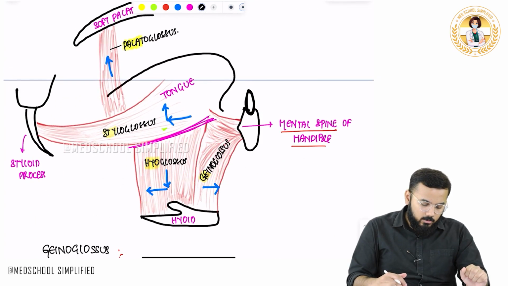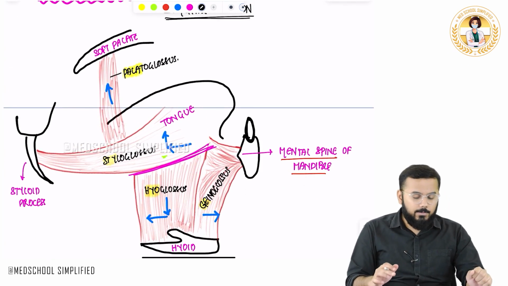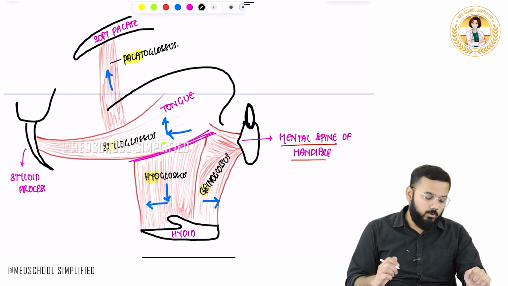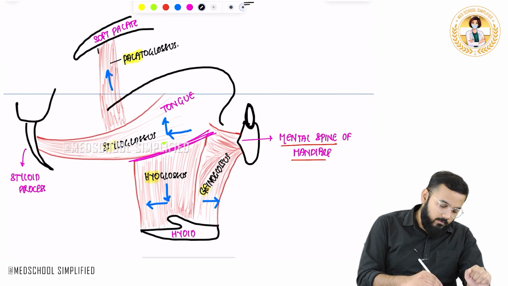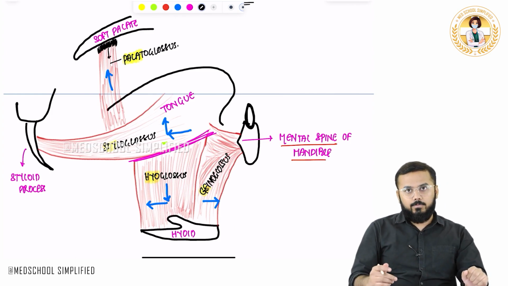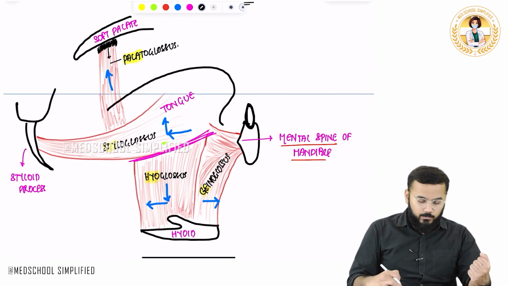From where does this palatoglossus muscle start? Where is the palatoglossus? This is the palatoglossus. So, palatoglossus starts from the palatine aponeurosis. So, here we have got the palatine aponeurosis. So, from the palatine aponeurosis all the way down to the lateral aspect of the tongue, we have got this palatoglossus. Okay.